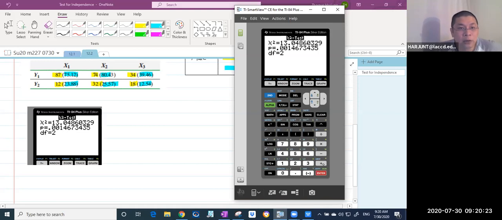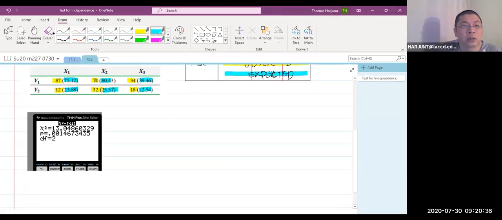Okay, oh, the p-value is very small, huh? The p-value is very small. This means what? It means, because the p-value is too small, it's supposed to be 5%, right?